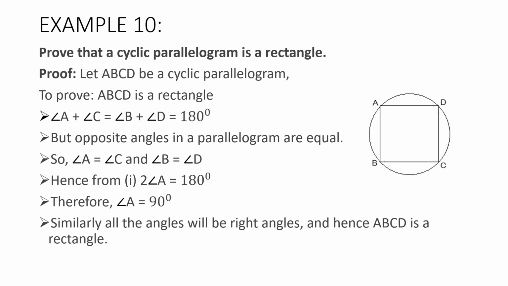But opposite angles in a parallelogram are equal, correct? So since it is a parallelogram, the opposite angles are equal. So angle A and angle C will be equal and angle B and angle D are equal. Hence we have that angle A is 90 degrees. Similarly, we can prove all the angles are also 90 degrees. So ABCD is a rectangle.